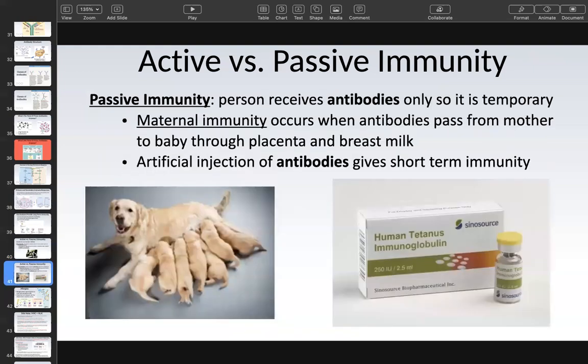In passive immunity, there wasn't a true infection.